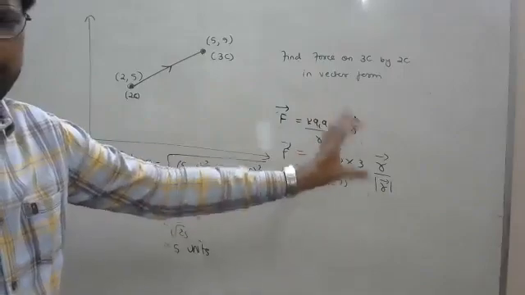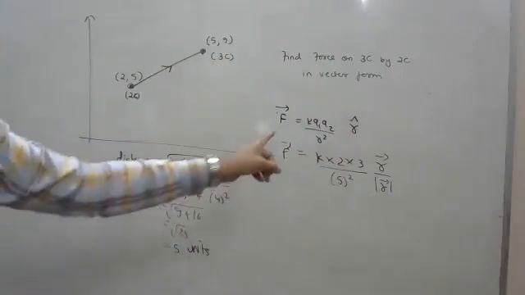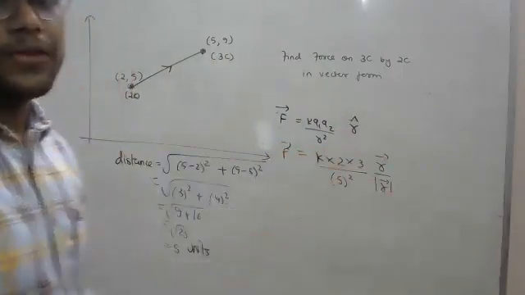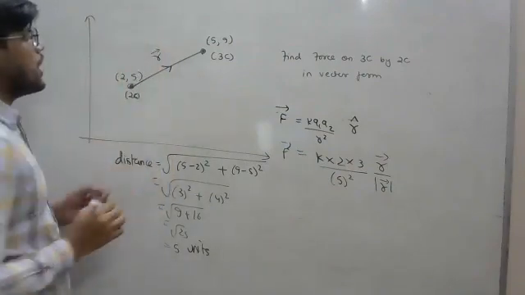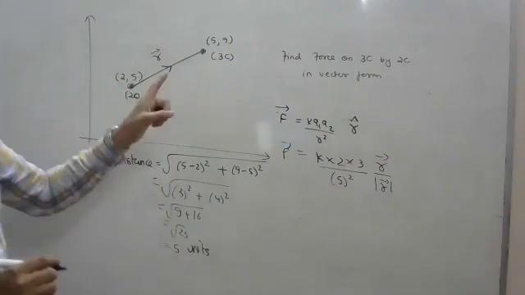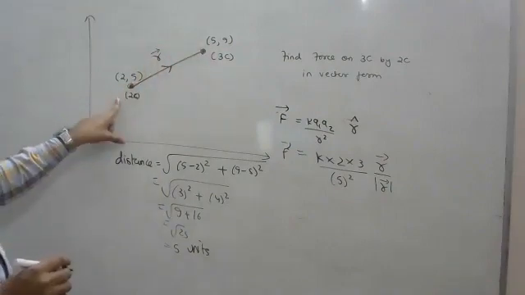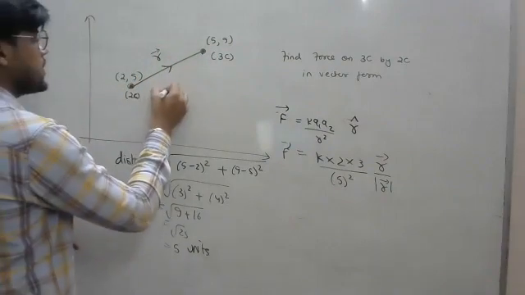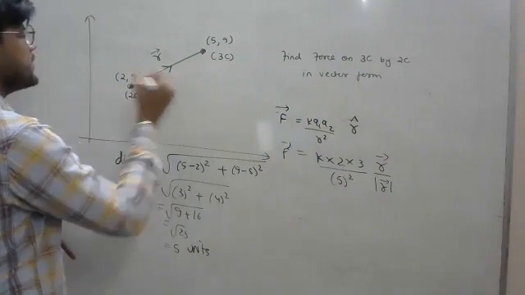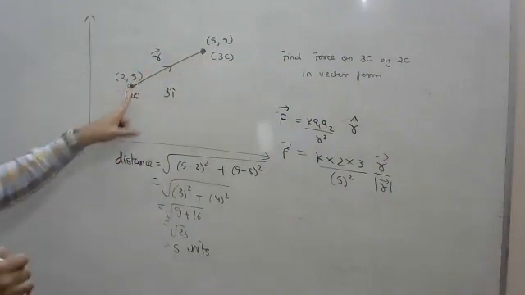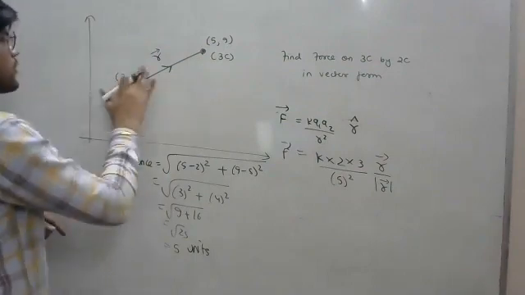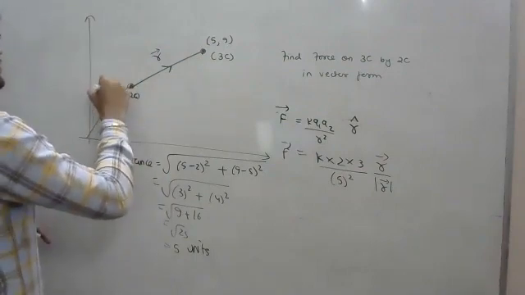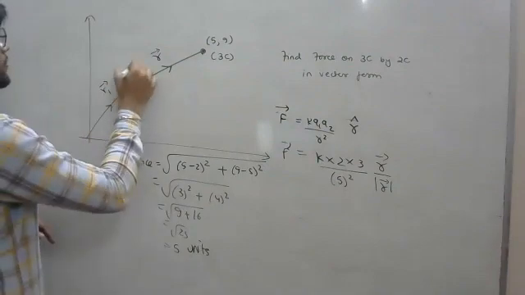R cap, you first have to write like this: r vector in vector form upon magnitude of r. But what exactly is r? How to find r is very simple. X minus x. 5 minus 2 is 3, and it will be i. R2 minus R1. When I write 2 comma 5, what is exactly 2 comma 5? This is R1 vector, 2 comma 5.